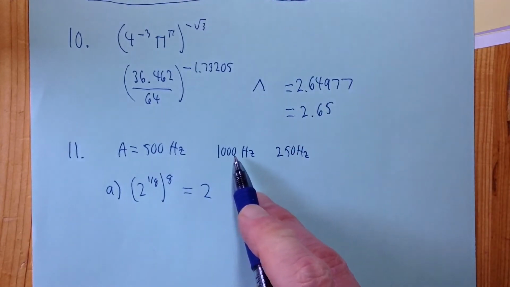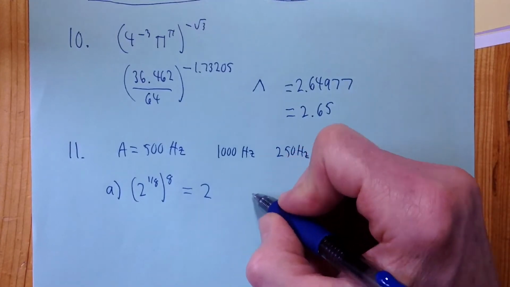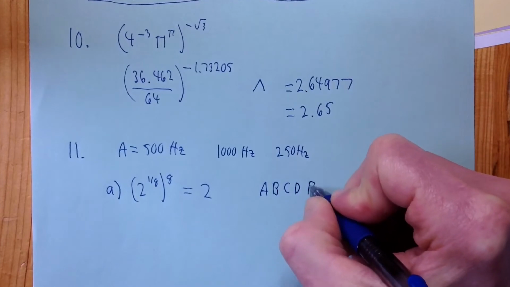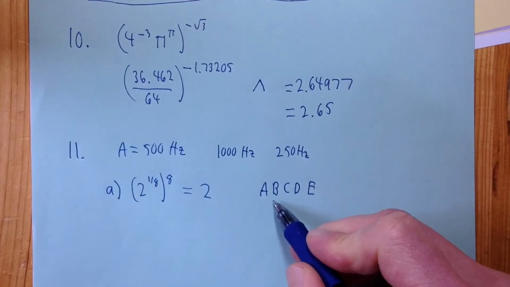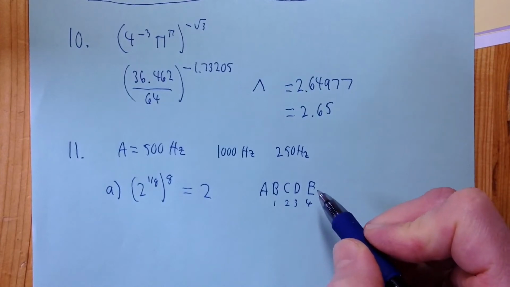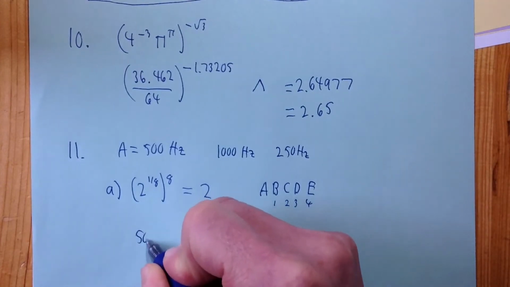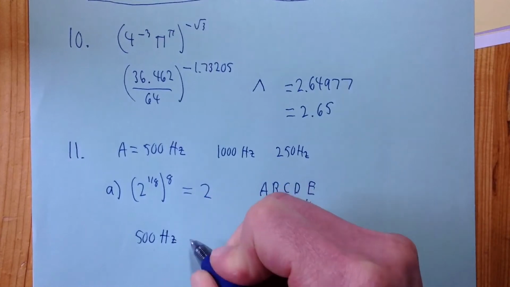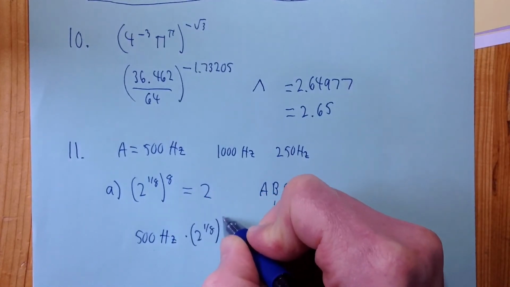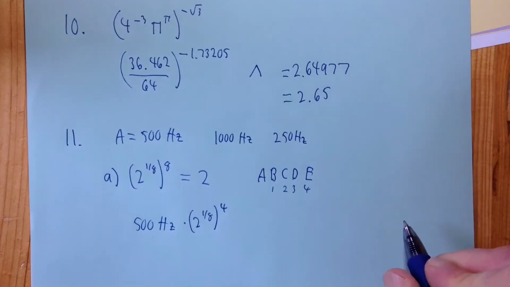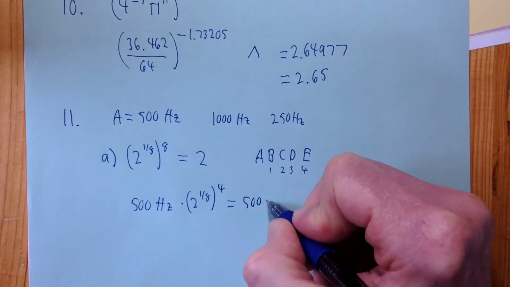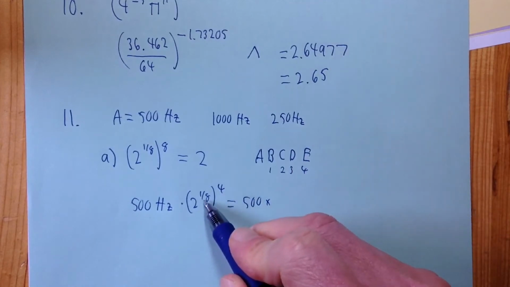Okay, so this problem here says the first E note. So it goes A, B, C, D, E. So we need to multiply by 2 to the 1/8, 1, 2, 3, 4 times. So we take our 500 hertz, multiply it by 2 to the 1/8, 4 times, which I'll just write like that because that's the easy way to do it. That's 500 times 2 to the 4 times 1/8, which is 1/2.